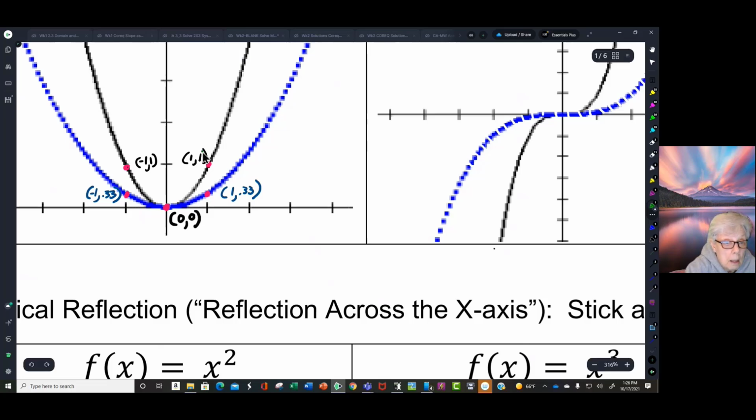But 1 multiplied by 0.33 becomes 0.33. Let's label that 0.33. And 1 multiplied by 0.33 becomes 0.33.